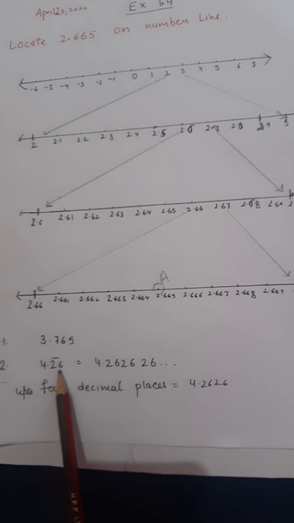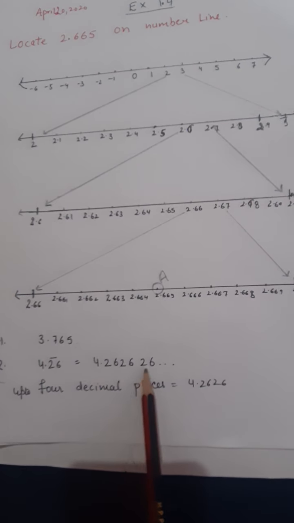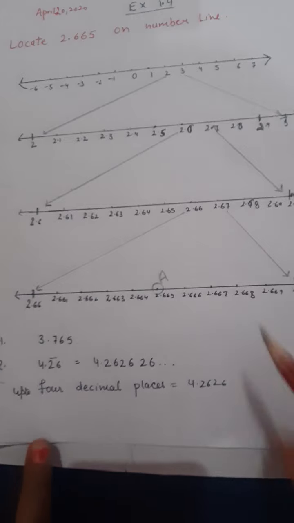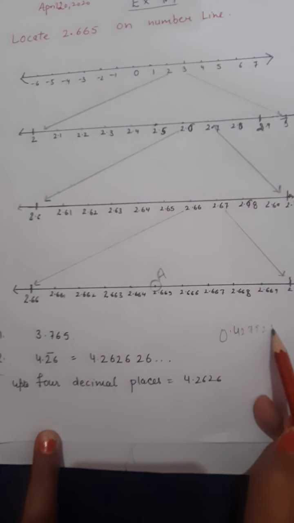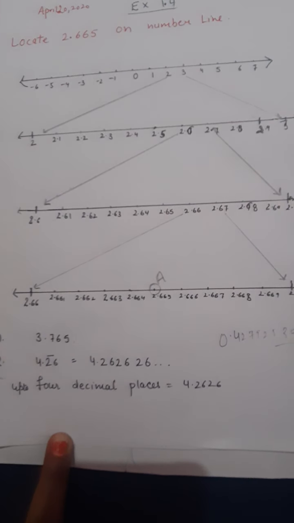You can see the decimal expansion of this number. It will be 4.262626. Here this is known as repetition. But a number like 4.26792530 is not known as repetition, because digits are repeated but not following a particular pattern.